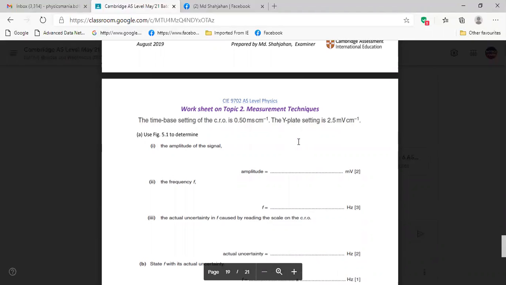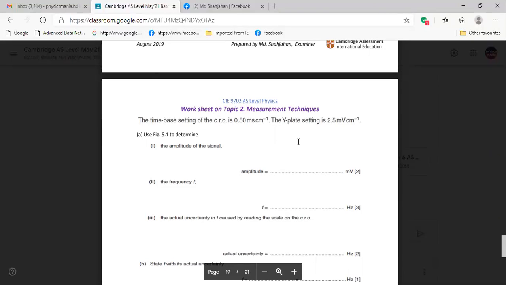Now the actual uncertainty in F. Actual uncertainty is del F, right? Yes, sir. So how will we get del F? Any idea? No, sir.